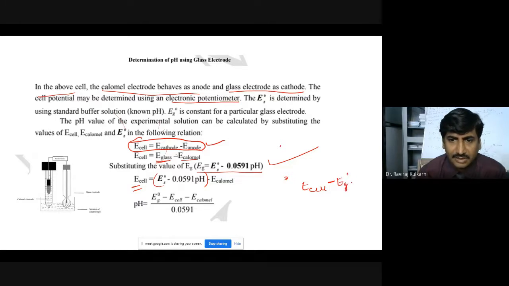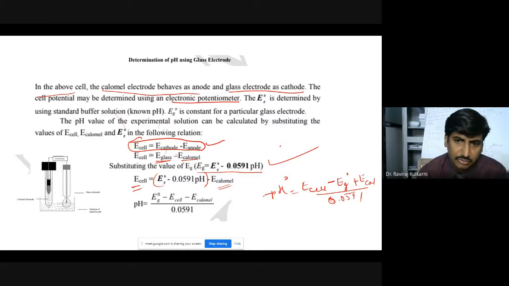It becomes minus. Okay, and this you take to this side. Okay, E calomel, other side. So what it becomes? E plus E calomel. Okay, this is minus pH is equal to this. Divide it.